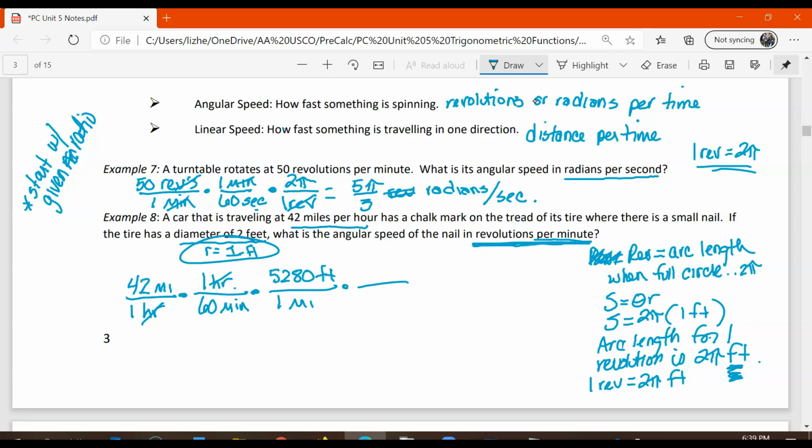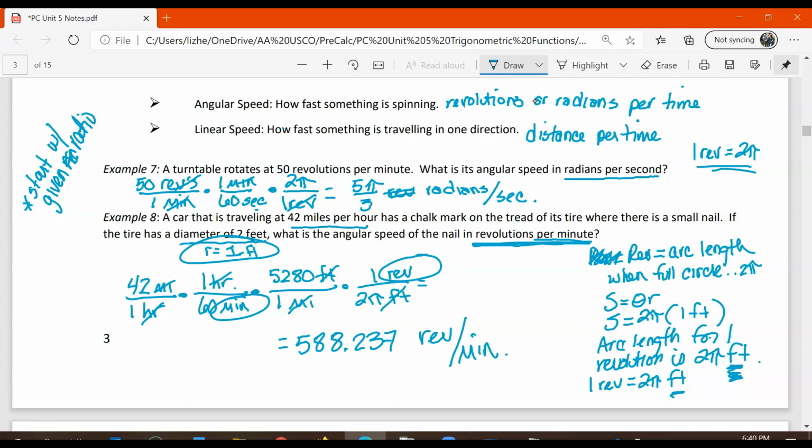And therefore then I can use this because I have my feet, and I can say 2 pi feet is 1 revolution. And that's what I want. So my miles cancel, my feet cancel. I am left with revolutions per minute. Yay. Use your calculator, multiply, divide, and you should get 588.237 revolutions per minute is your answer.